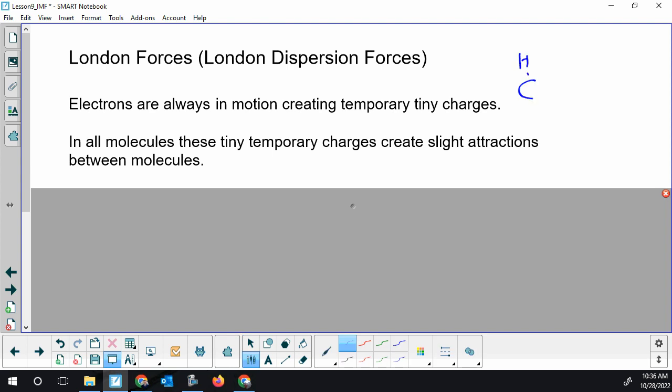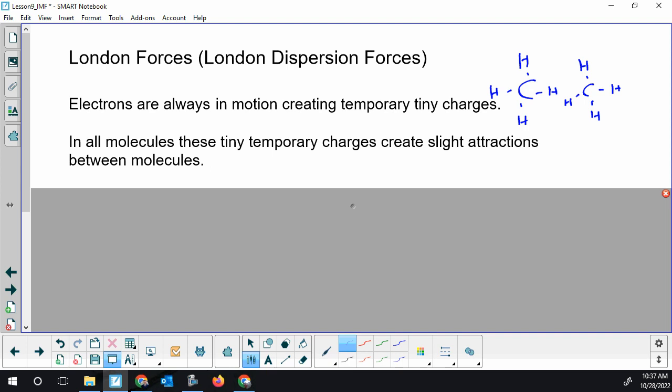So if you have a methane molecule that has no plus or negative end, that's a nice symmetric tetrahedral molecule, and you have another methane next to it. Every one of those dashes I drew is a pair of electrons.